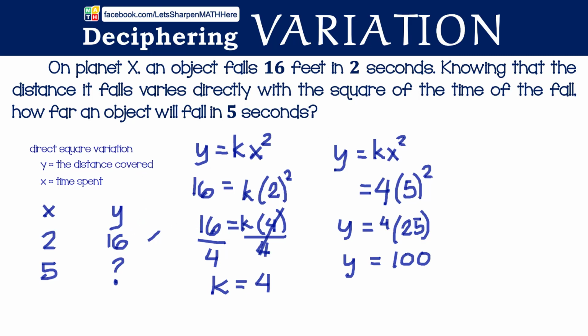So we could finalize it here, and we could say the object will fall 100 feet in 5 seconds. This ends this problem. Take note, this is for direct square variation.